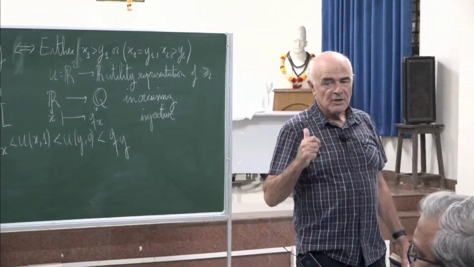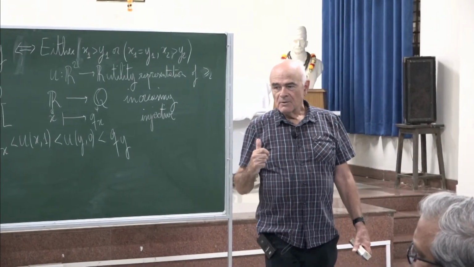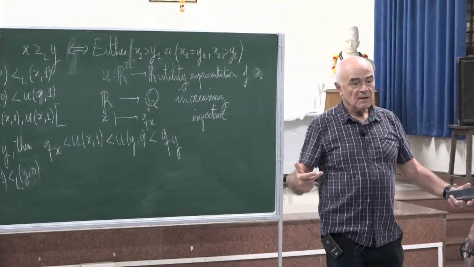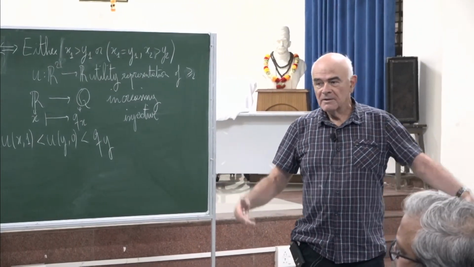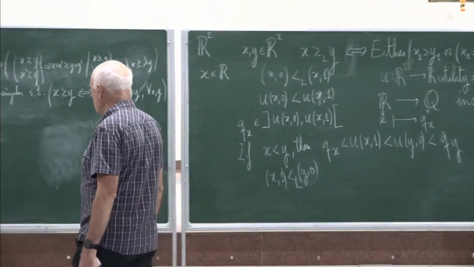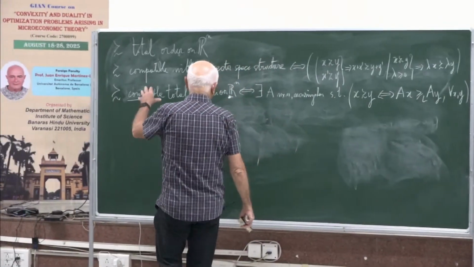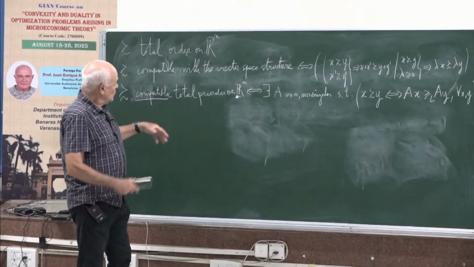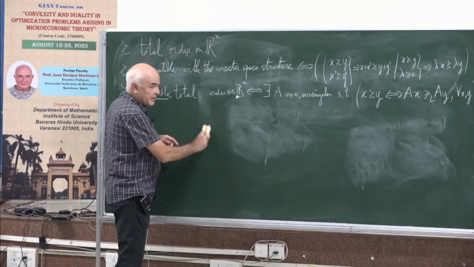This is exactly the opposite of saying that this is a monster. This is the only good compatible order. If you want a preorder, you can, no, sorry, I said preorder, no, order.